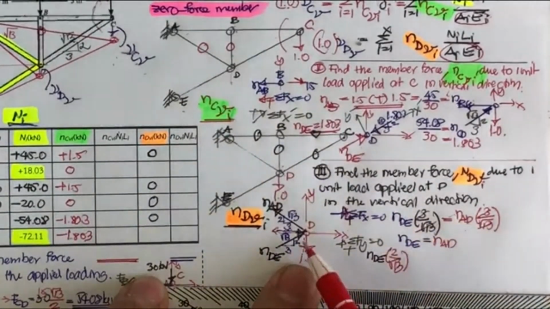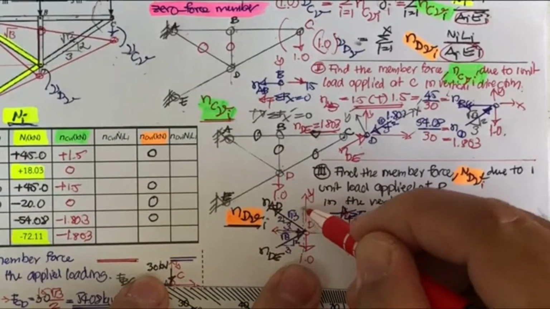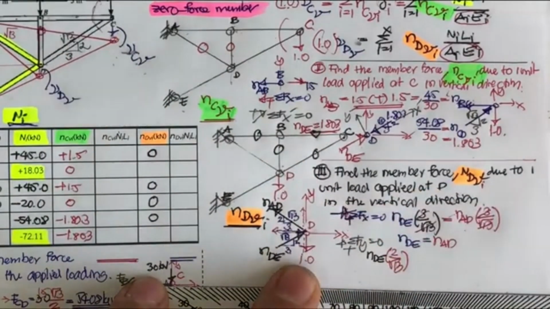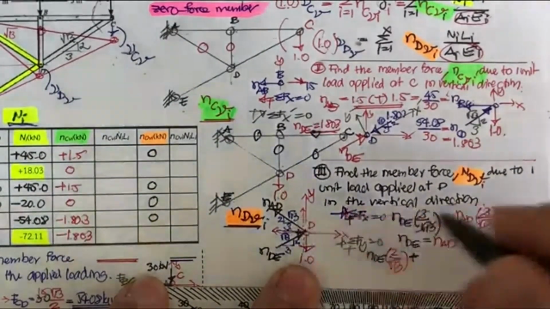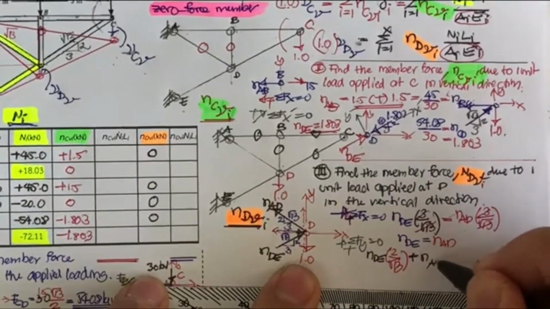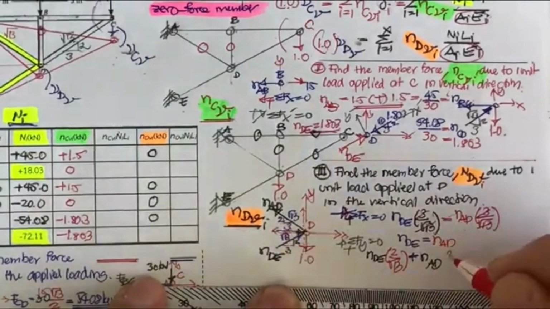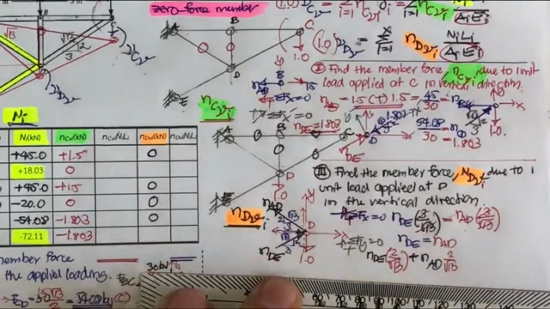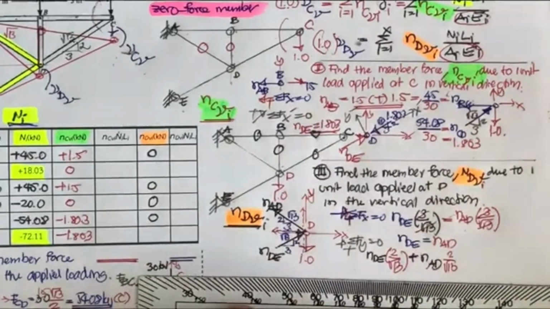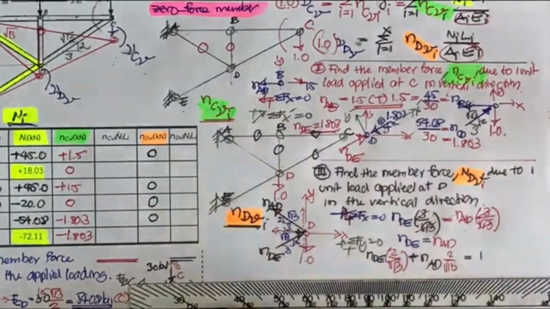This guy also, if you project it, goes upward. Plus N sub AD, the same thing, you project upward times 2 divided by square root 13, and it's going to be equal to 1.